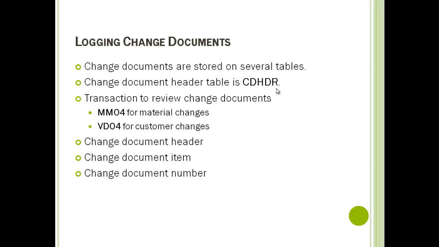The change document structure consists of the change document header, and you will have change document items in the change document number. The change document header is the table which we have already seen. The header data of the change document object ID in a particular object class is stored in each change document header. We will see that. Let's see that in the system, then we can understand this better.